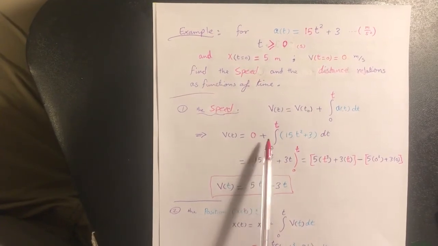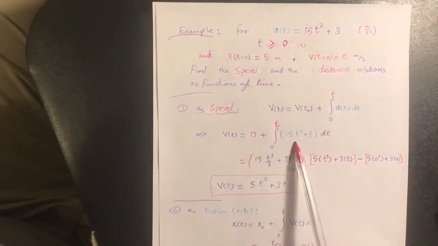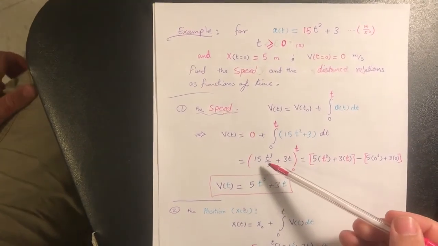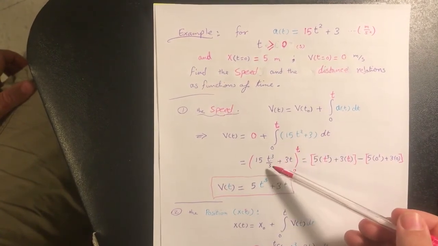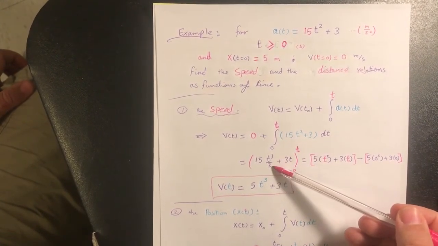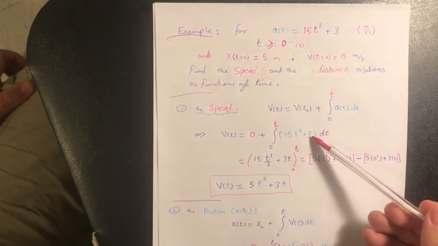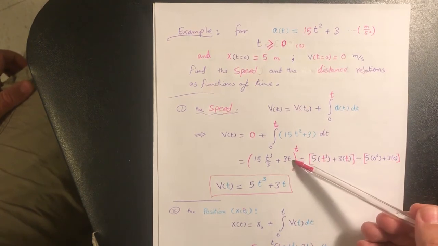Plus the integration of 15 t squared plus 3. The integration will be 15 multiplied by t cubed, we raise the power and divide over the new power, which is 3, plus 3t, because t here is t to 0, then it will be t to 1 over 1.